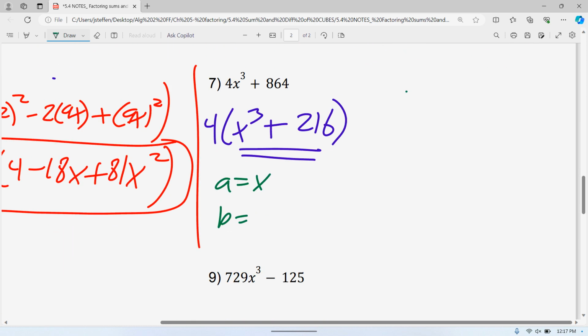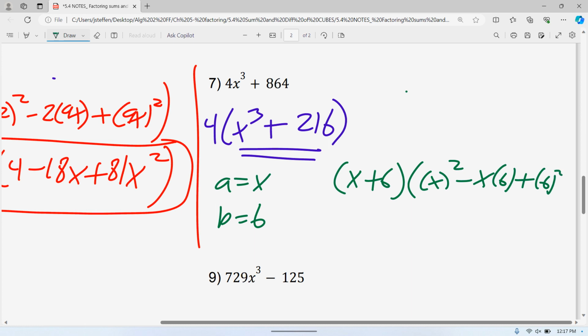My b is 6. So we have x plus 6 times x squared minus x times 6 plus 6 squared. x squared minus 6x plus 36.